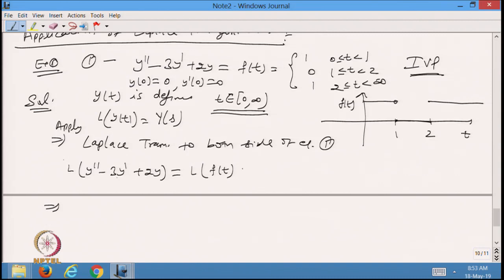Now, my f t is there. So, first of all I will try to write the function f t in the form of a single function with the help of a unit step function.